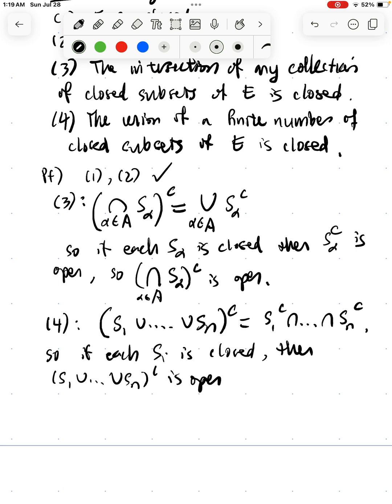Because we've shown that it's an intersection of the complements, and we know that each Si is closed, so therefore the complement is open. So this is just a finite intersection of open subsets, which we know is open. Okay, so that's the proof of that.